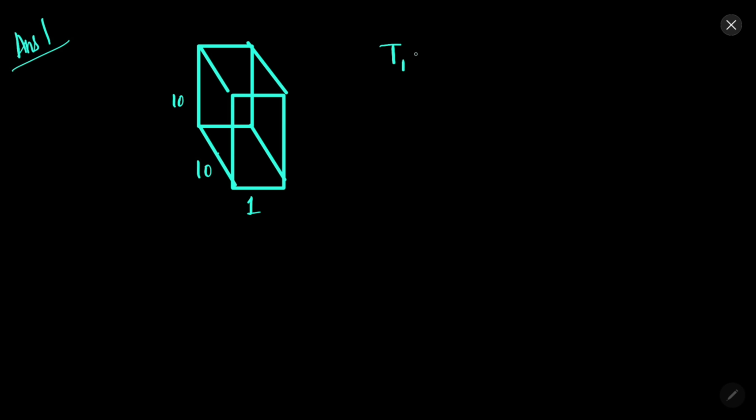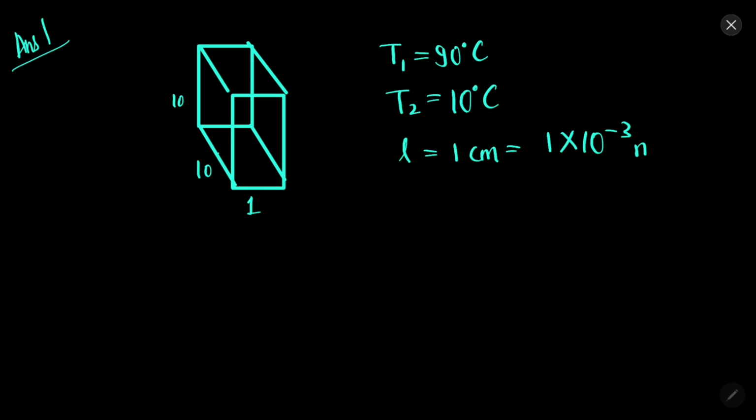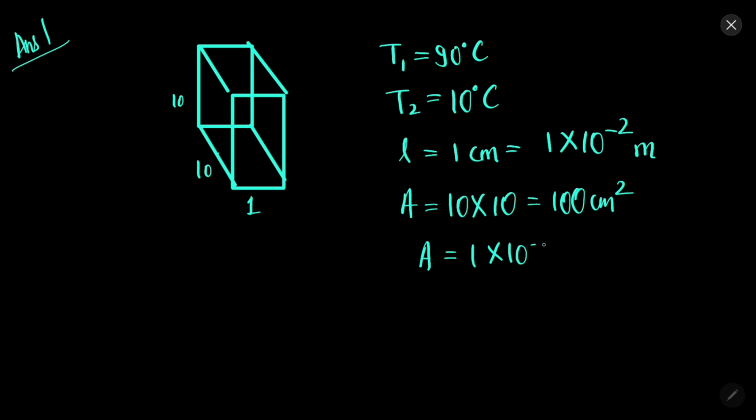Now T1 is 90 degrees Celsius, T2 is 10 degrees Celsius, length is 1 centimeter, that is 1 into 10 to the power minus 2 meters. Then area is 100 centimeter square, or in meter square it is 1 into 10 to the power minus 2 meter square.